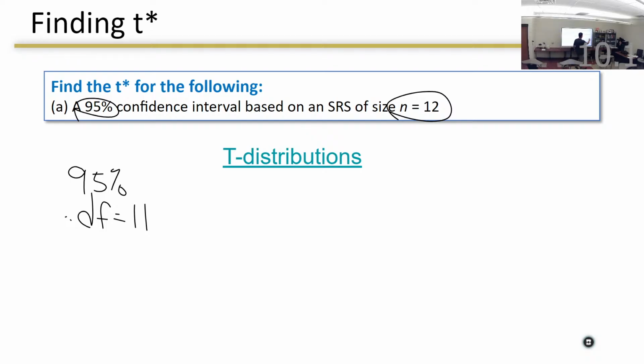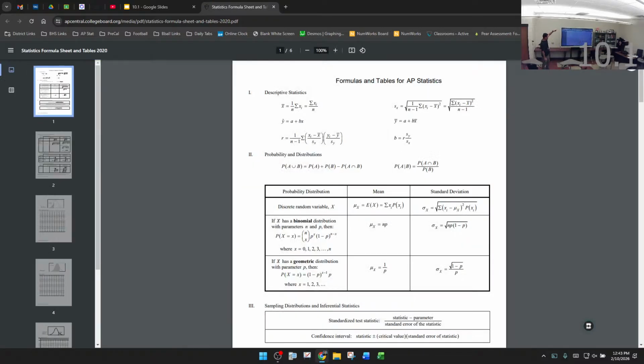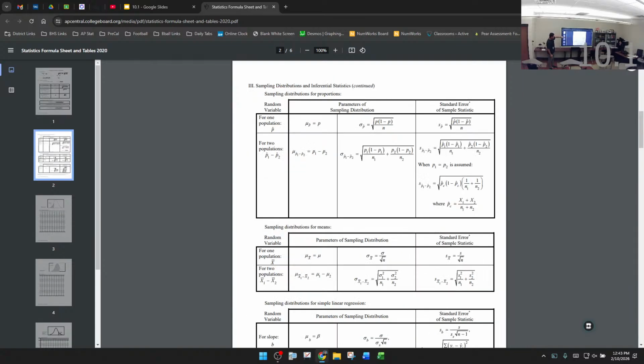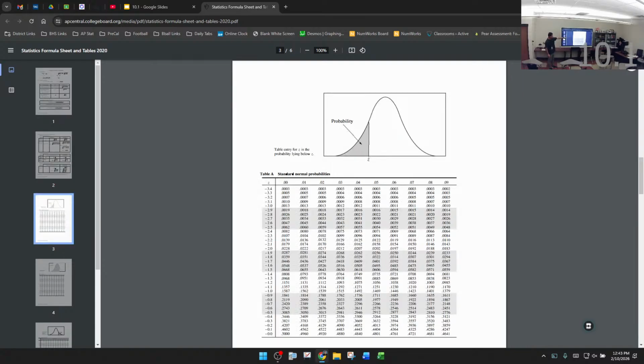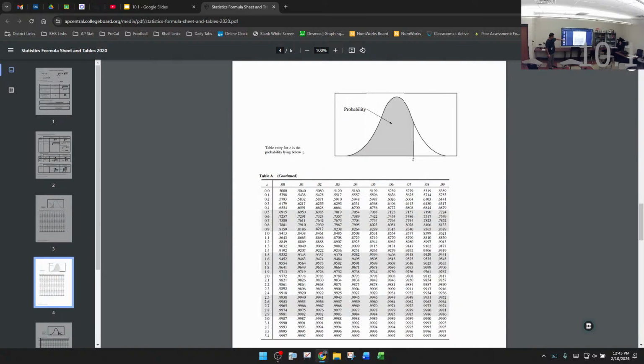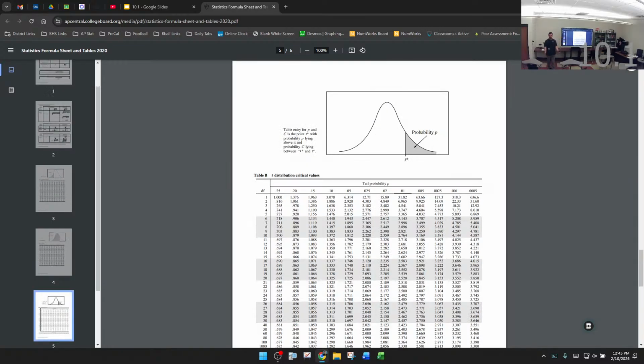So if you wanted to, you could go to the table. You guys haven't seen the T tables yet. They're on your formula sheets: first page, second page, negative Z's, positive Z's, and then there are T's. I'll give you one for the test if you want one.